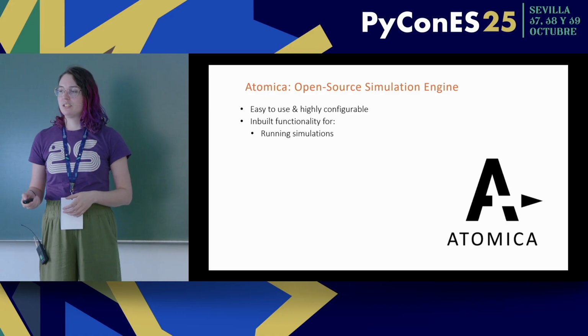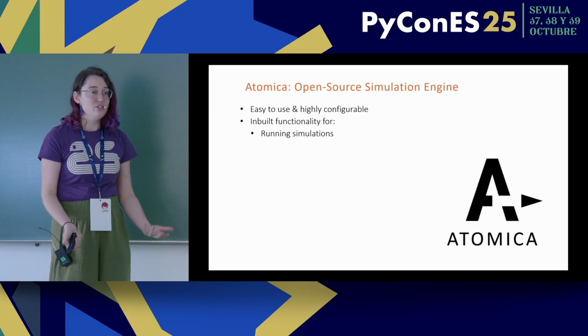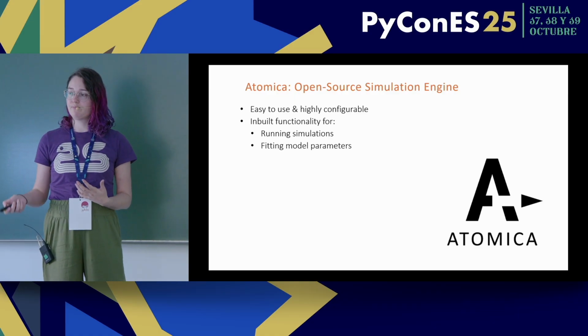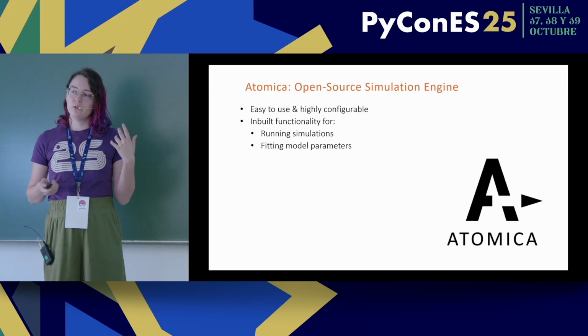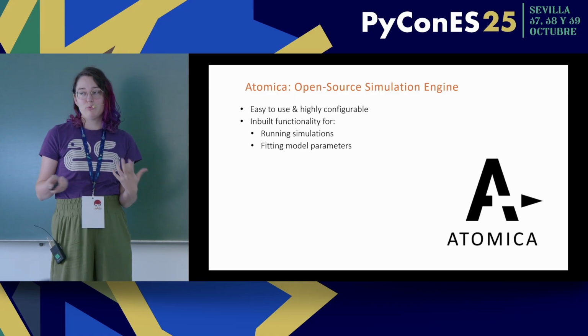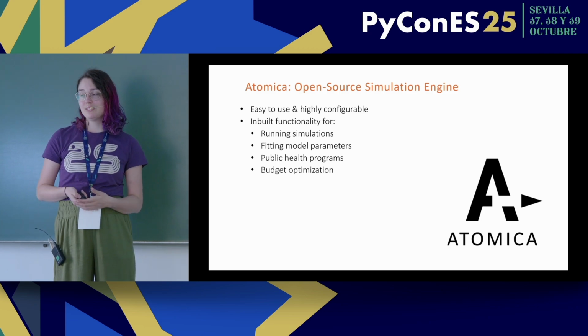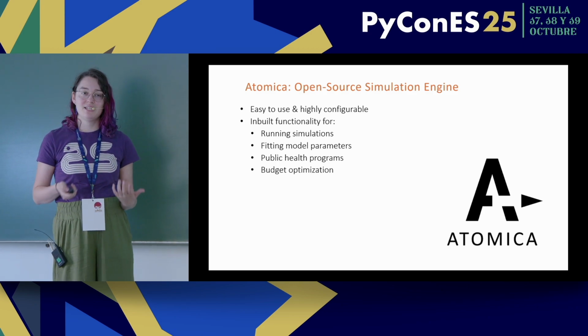So this includes functionality for running simulations. It makes it really easy to just build a model and run a simulation quickly. There's also support for fitting model parameters to the data, implementing public health programs, and optimizing budgets.